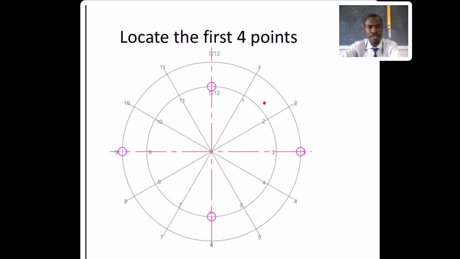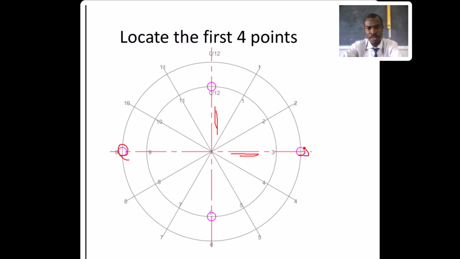So to locate the first 4 points, since our major axis will be along the horizontal and our minor axis will be on the vertical axis, where the horizontal center line is crossing the circle that passes through the major axis, that will be your first point.